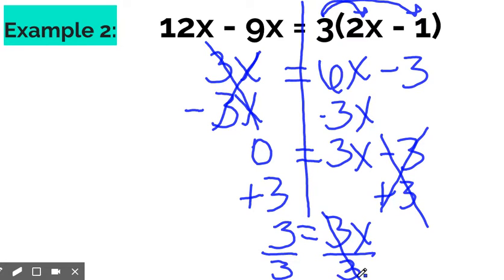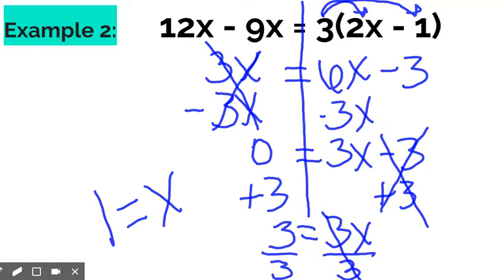It cancels on that side, and on the left side, 3 divided by 3 is 1. So we get 1 equals x, which is the same as x equals 1. So again, this is an example that has one solution, 1 equals x, or x equals 1.